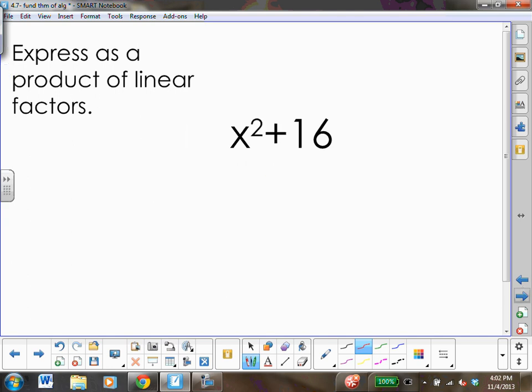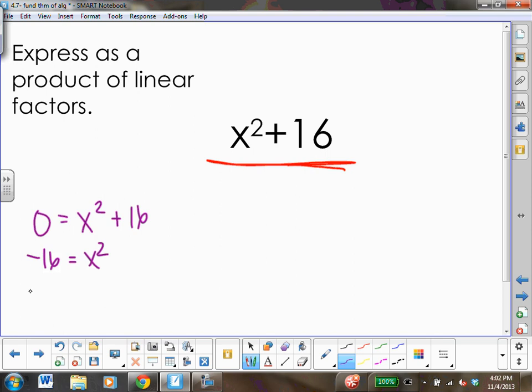Now what about this one? X squared plus 16. Now technically x squared plus 16 does not factor. And in the past we would get here when we were factoring and stop. But we can express it as the product of linear factors. For example, I could take this x squared plus 16 and solve it.